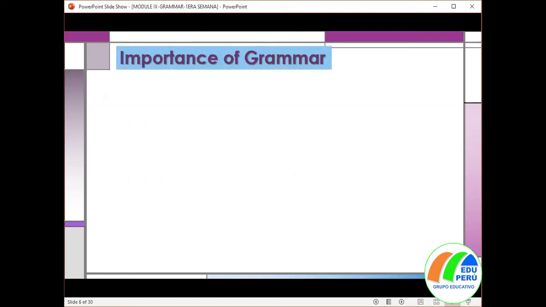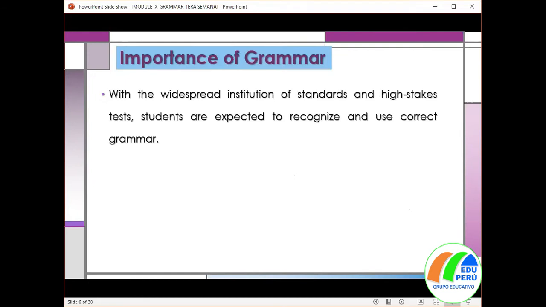Now, the importance of grammar. Notice how important grammar is. With a widespread institution of standards on high-stakes tests, students are expected to recognize and use correct grammar. Nowadays, you know that we have these international examinations, no? TOEFL, the Cambridge examination, the Greek examinations, or the Michigan test.